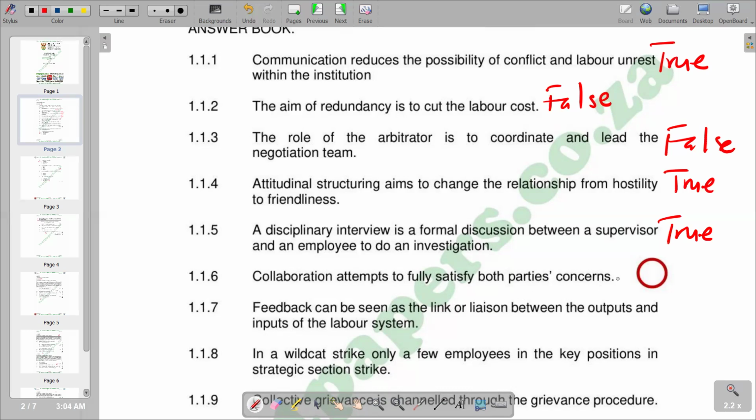So we have true for statement 6. Then number 7, feedback can be seen as the link or liaison between the outputs and inputs of the labor system, which is also true.